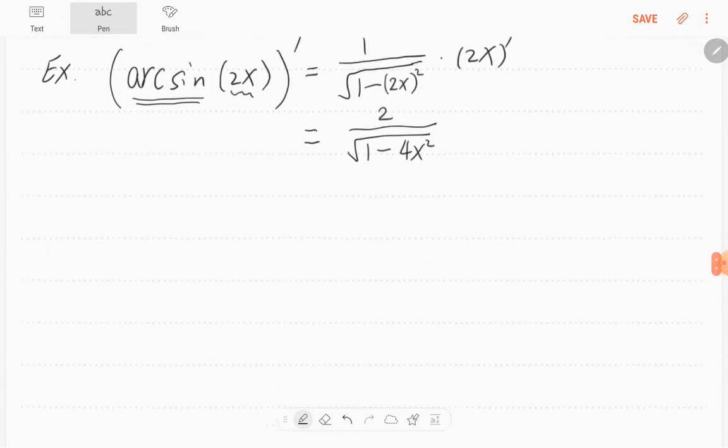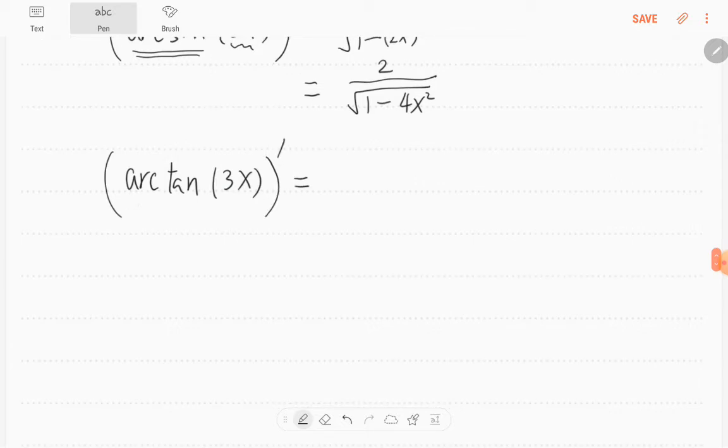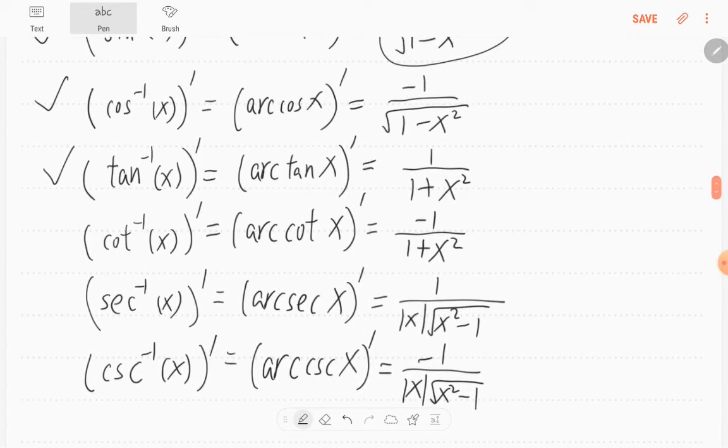Okay, now similarly, let's look at the arc tangent of 3x. Take the derivative. Again, the outside function is arc tangent and the inside function is 3x. The derivative of arc tangent, or tangent inverse, is 1 over 1 plus something squared.